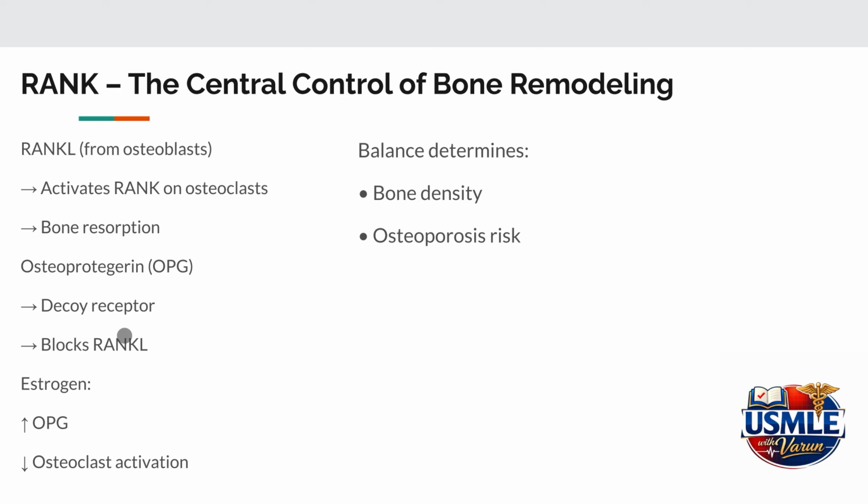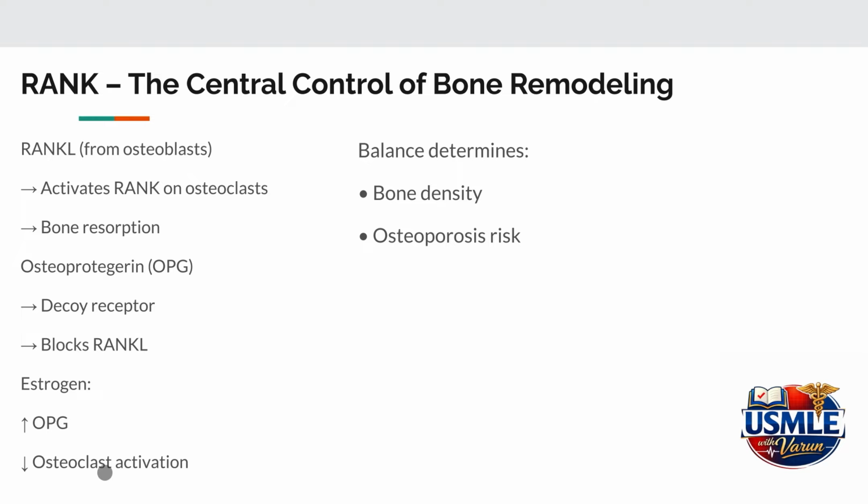Whenever osteoprotegerin levels are regulated in the body, you are indirectly regulating how bone resorption or remodeling is happening inside. Estrogen increases osteoprotegerin levels. Therefore, estrogen suppresses osteoclast activity and helps maintain bone density.